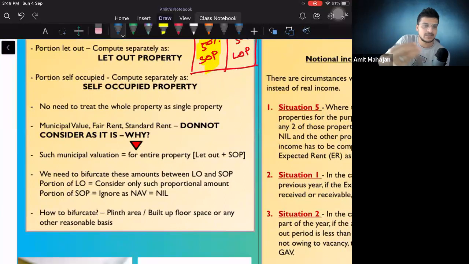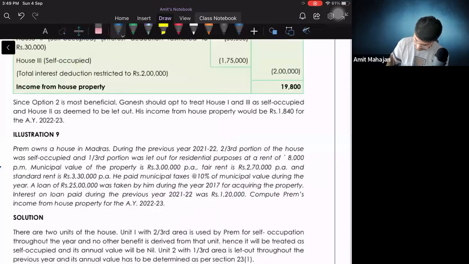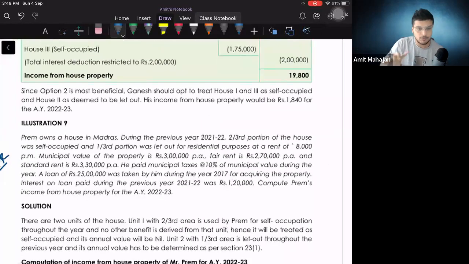बाइफरकेट क्यों करना है? अभी इधर मैंने रेंट इंटरेस्ट का लिखा नहीं है, but same thing will be applicable for this. Municipal value, fair rent, standard rent, don't take it as it is. Exactly similarly interest on borrowed capital भी don't take it as it is. You have to take it proportionately, right? Okay, so here 1,20,000 for the entire property, but I was self-occupying only 2/3, and that is why 1,20,000 का only 2/3 I will get it as a deduction in the current year.